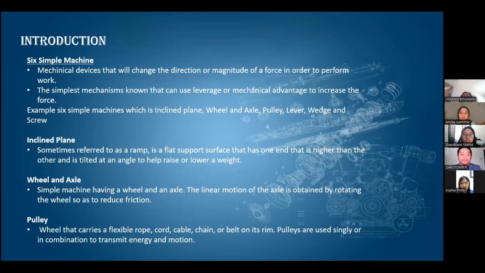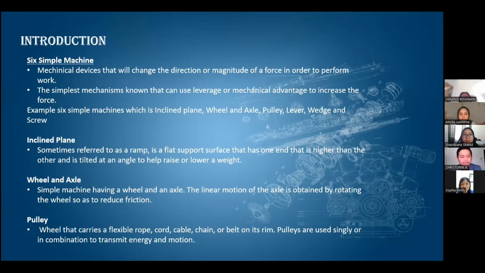The first is the inclined plane, which is sometimes referred to as a ramp. It is a flat supporting surface that has one end higher than the other, at an angle, used to raise or lower a weight.